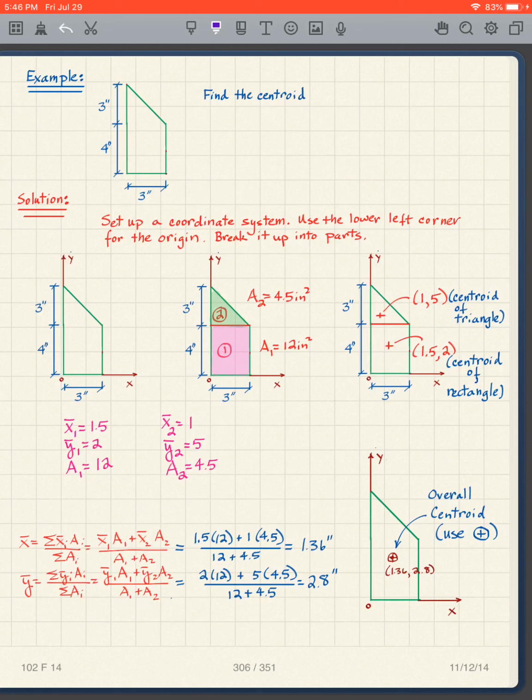So the coordinates of that point are 1, 5. So I get the coordinates of the centroid of each of my areas, and I can write them down: 1.5, 2 for area 1, and 1, 5 for area 2. And then I note what the areas are.